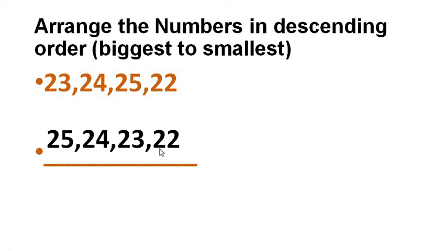Look, 25, 24, 23 and 22. The biggest number among all the given numbers and the smallest number among all the given numbers. Okay? Want to see more?